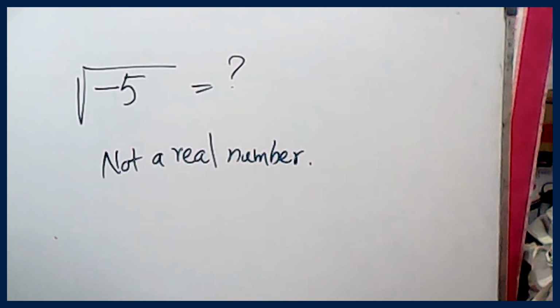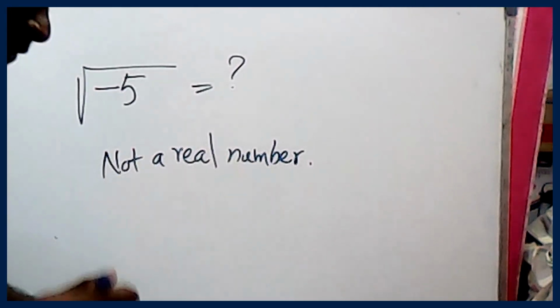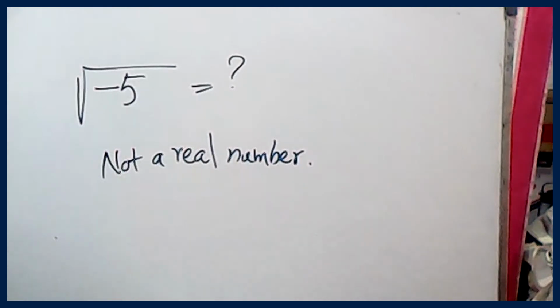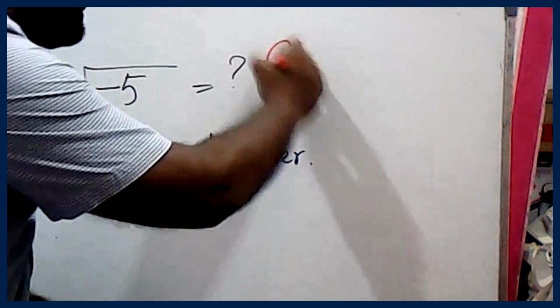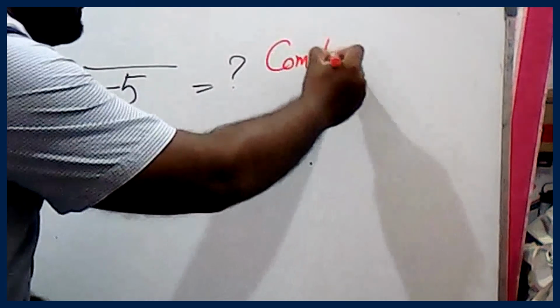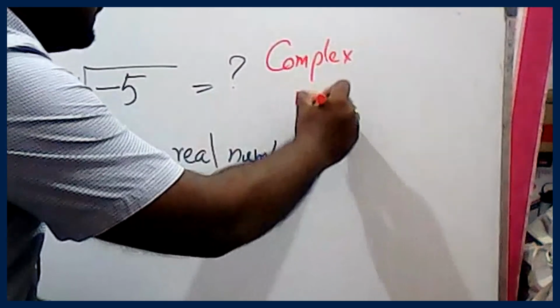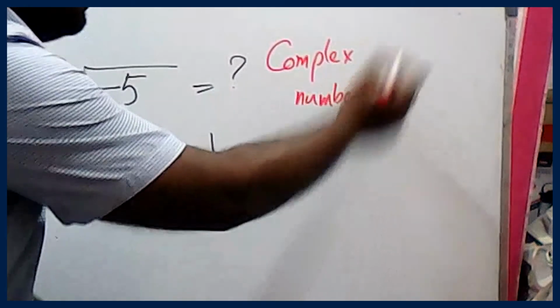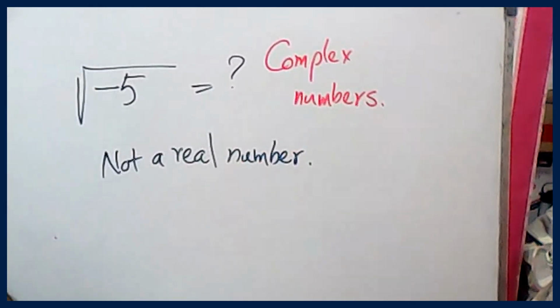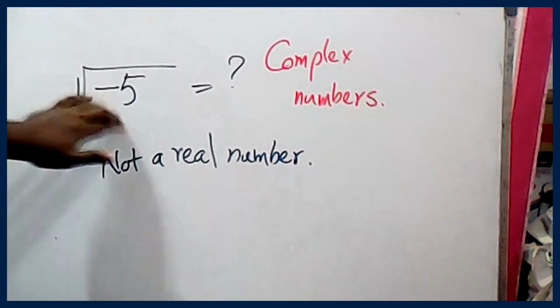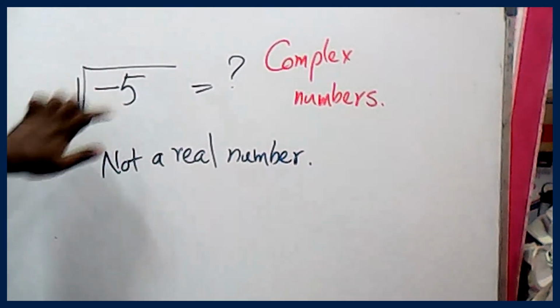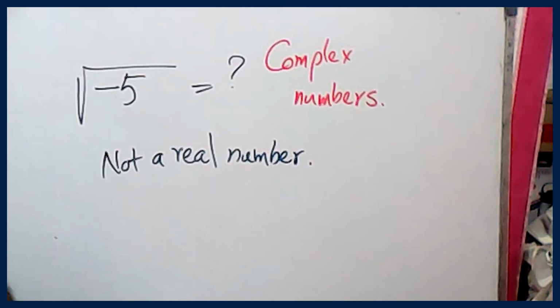We usually discuss complex numbers in A-level mathematics. We call these numbers complex numbers, and these numbers are not real. Square root of minus 5 is not a real number.